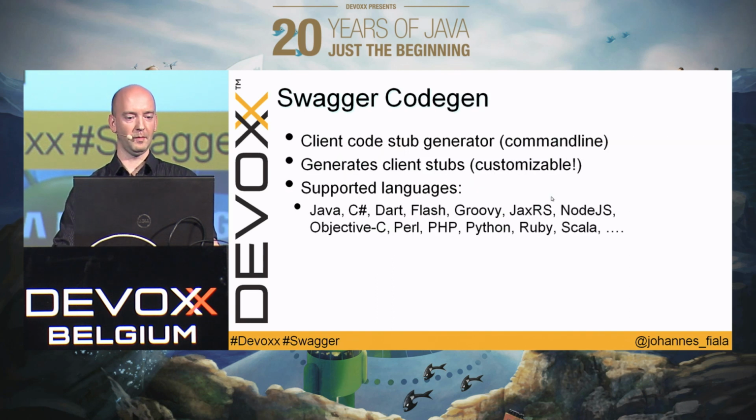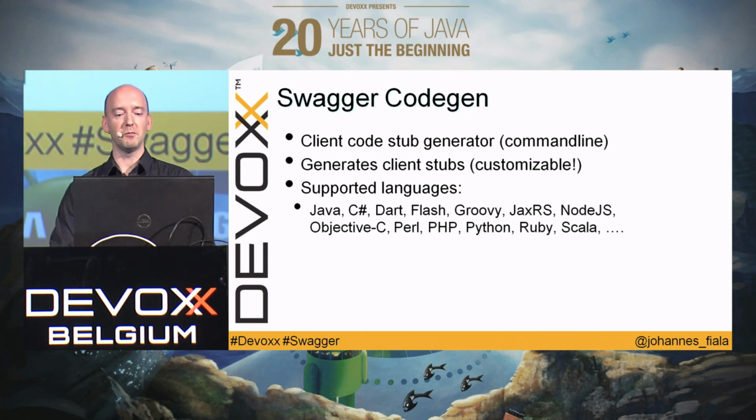Swagger-Codegen is the client code stub generator. It's a simple command line program which is responsible to generate the client stubs, which are completely customizable. The supported languages are, for example, Java, C#, Dart, Flash, Groovy, JAX-RS, Node.js, Objective-C, Perl, PHP, Python, Ruby, Scala, and so on.